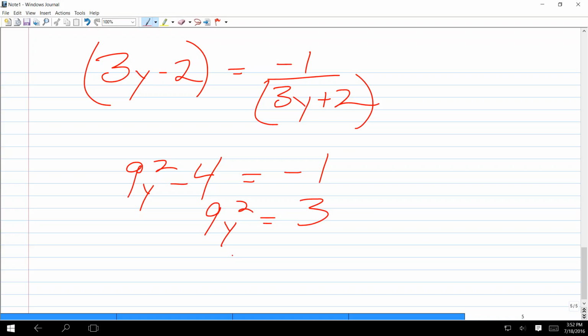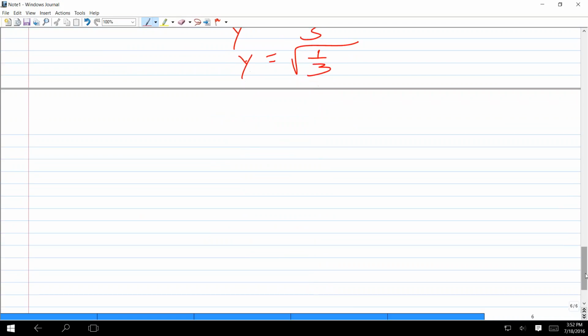Now what? Divide by 9 to get 1/3. Now what? Square root. Get the square root of 1/3. Now simplify, because there's an inherent problem in this answer that's not totally obvious.